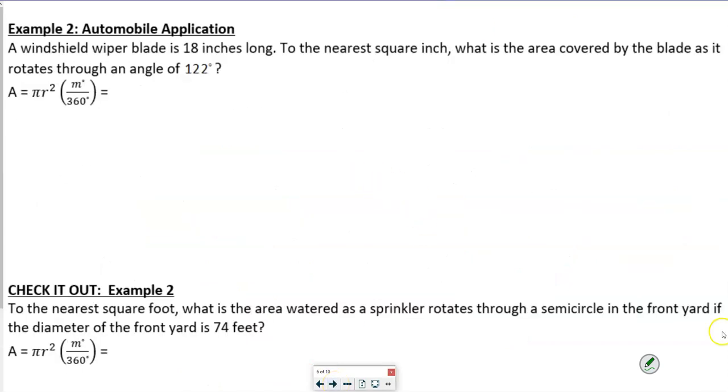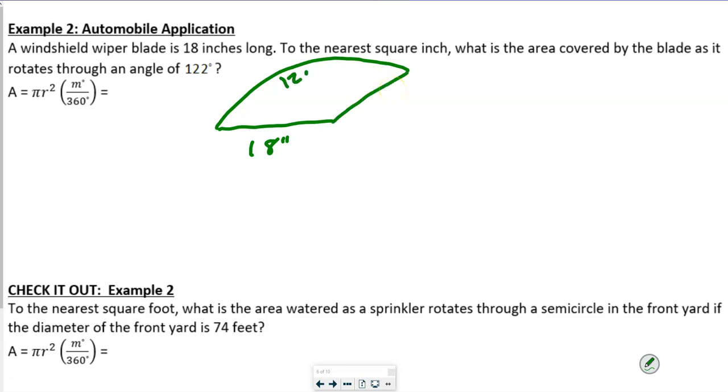Okay, it says a windshield wiper blade is 18 inches long. So we got a blade that's 18 inches long. To the nearest square inch, what area is covered by the blade as it rotates through an angle of 120 degrees? Okay, so if I'm going 120 degrees, we'll just estimate that that's 120.